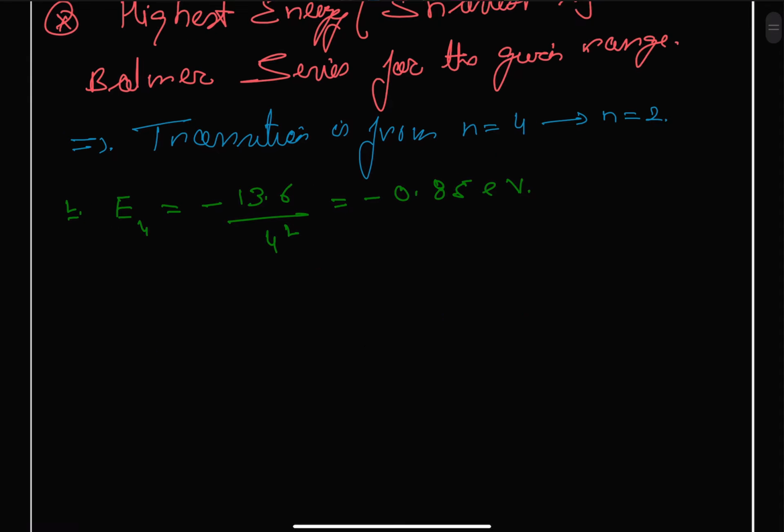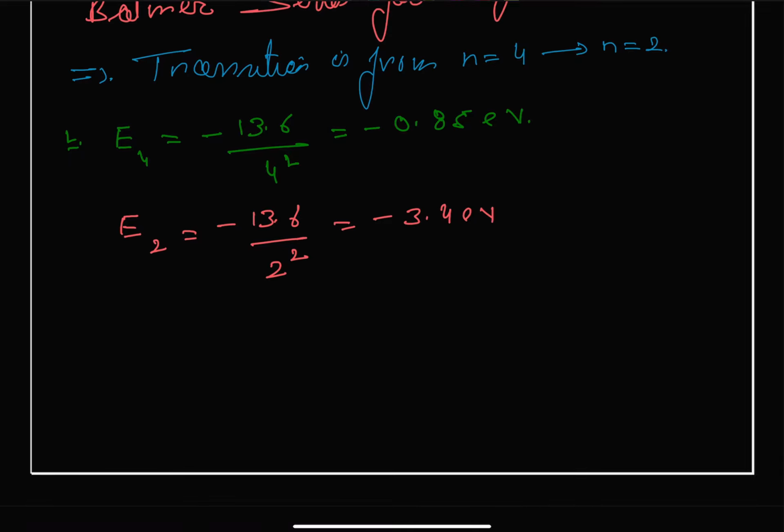Similarly, we are going to find E of 2, which will be minus 13.6 divided by 2 square, which comes as minus 3.4 electron volt. And from here we find the difference between these two energy levels.